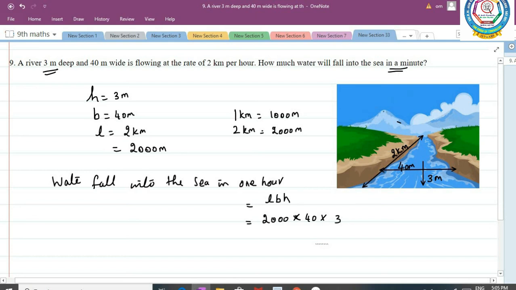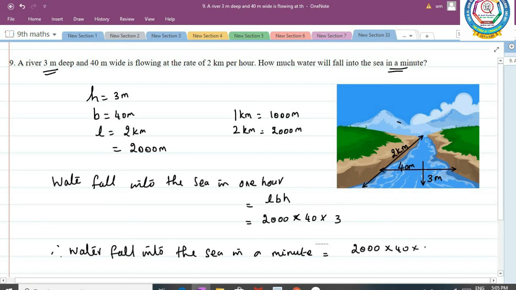The question asks for a minute only, no? Therefore water fall into the sea in a minute is equal to 2000 into 40 into 3.